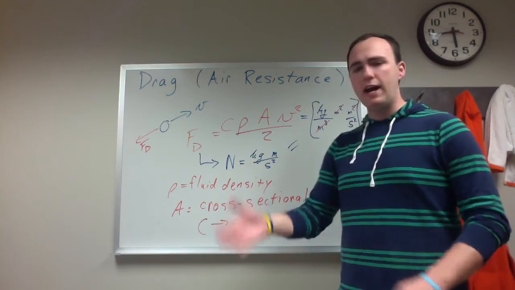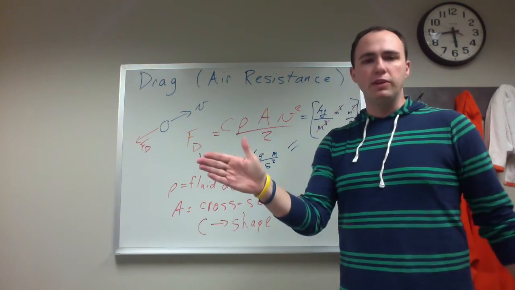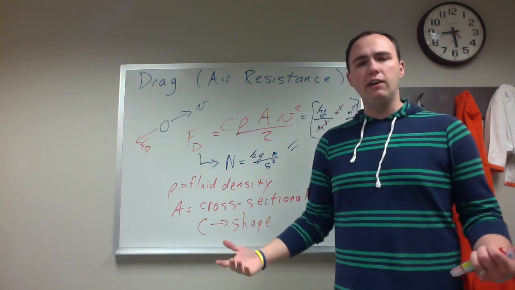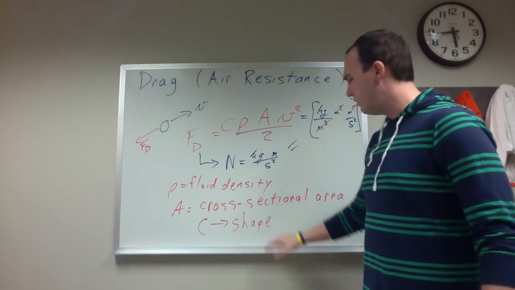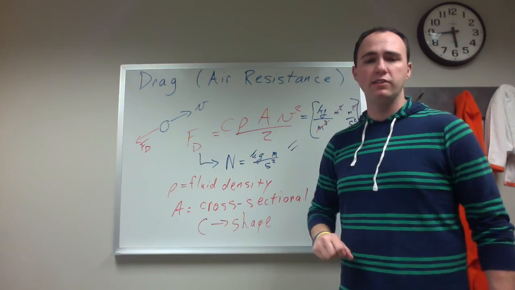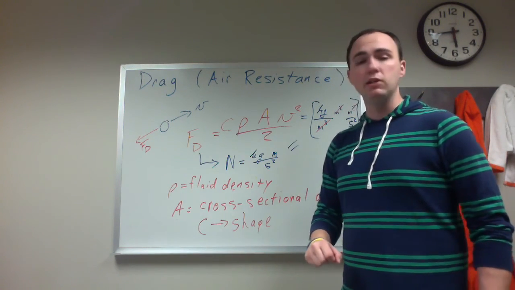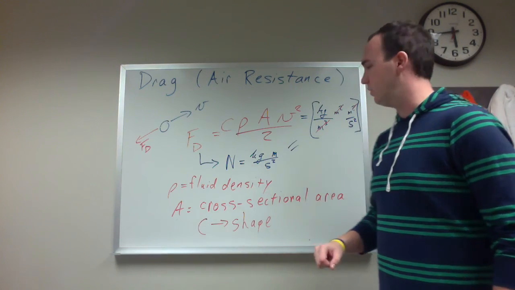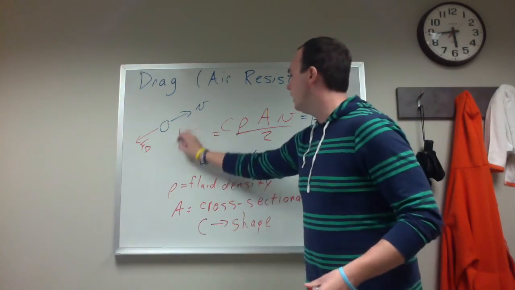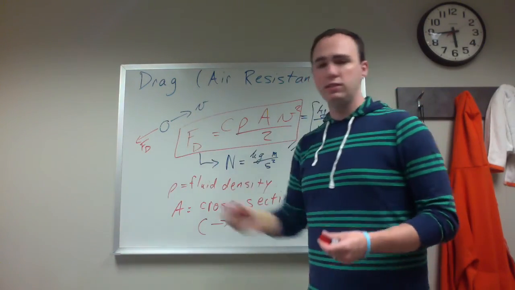So even if you have a cube with the same cross-sectional area as a sphere, they're going to have slightly different drag forces. So that's something that you can look up, and in this programming exercise, we're going to be looking at spheres all the time. So that's a number that won't change. So this all together gives us the drag force on an object.